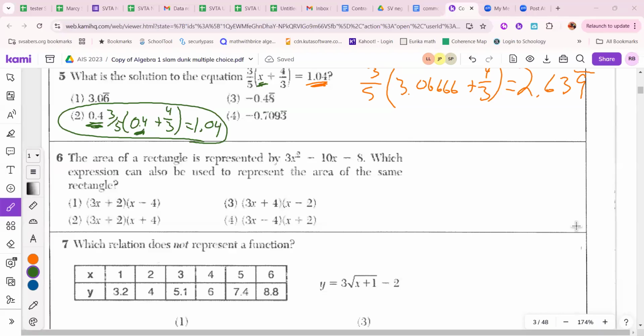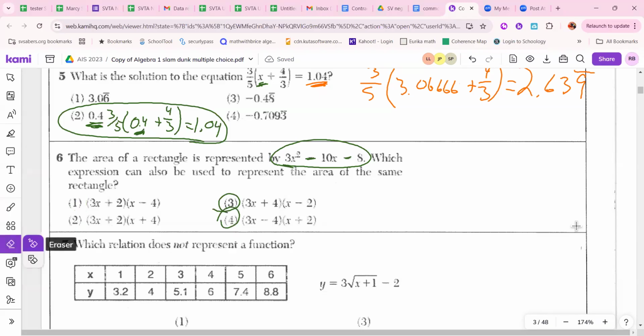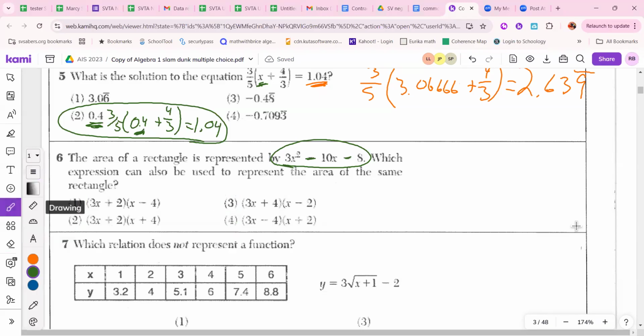Problem number 6, the area of a rectangle is represented by 3x squared minus 10x minus 8. Which expression can also be used to represent the area of the same rectangle? Okay, now we have an expression in the question, and every single one of our answers are expressions also, not numbers.